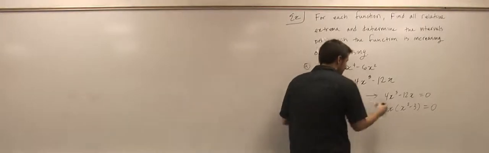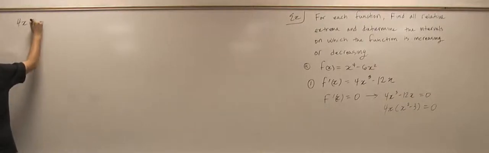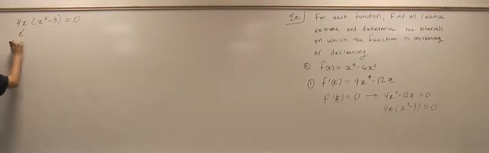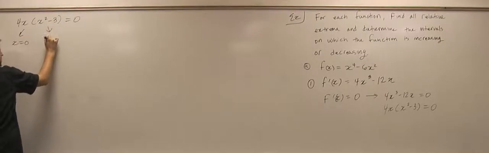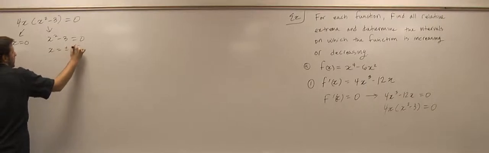Right, because either x equals 0 or x squared minus 3 equals 0. This is going to give you plus or minus root 3.